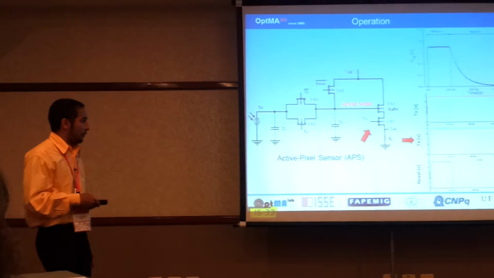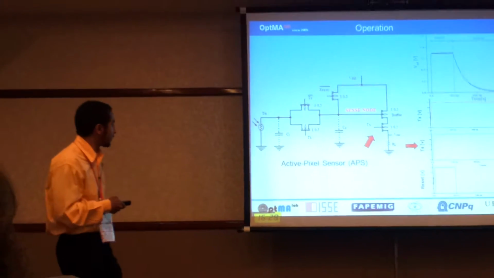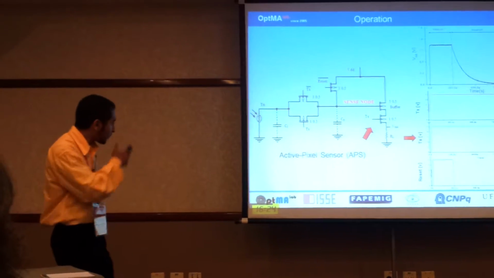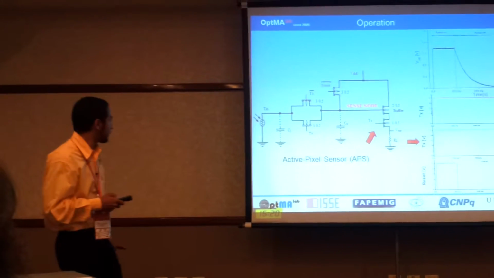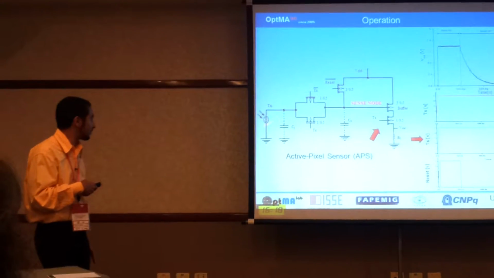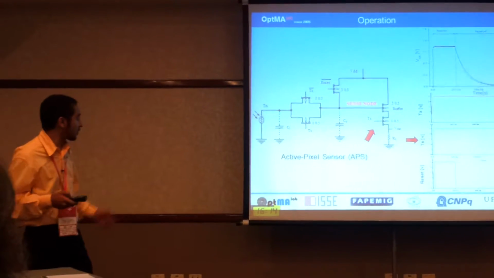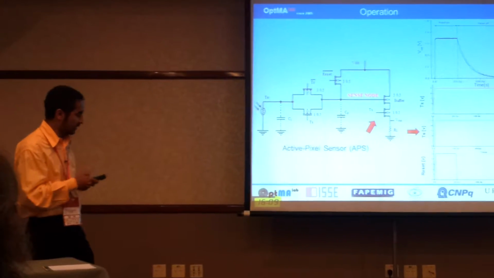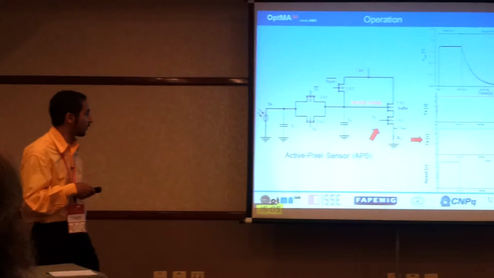When reset is off, we have a discharge of these capacitances by a current passing through the photoresistor. The incident light defines the resistance of the photoresistor and the RC constant of the discharge. All that is read on the out node.